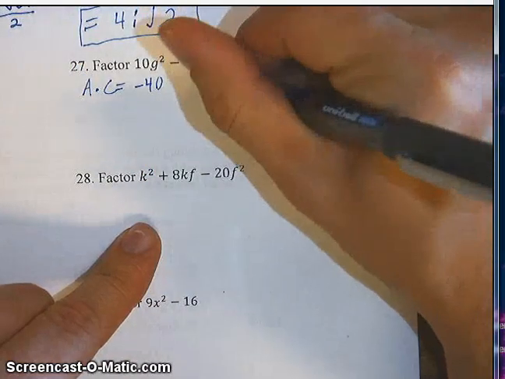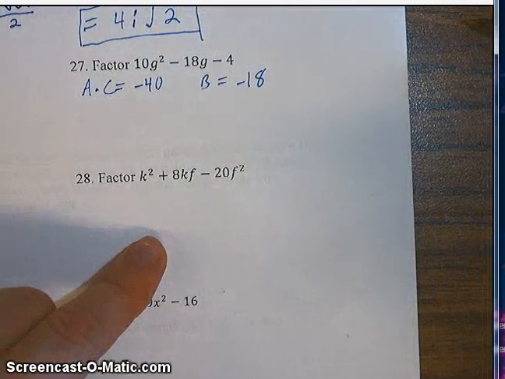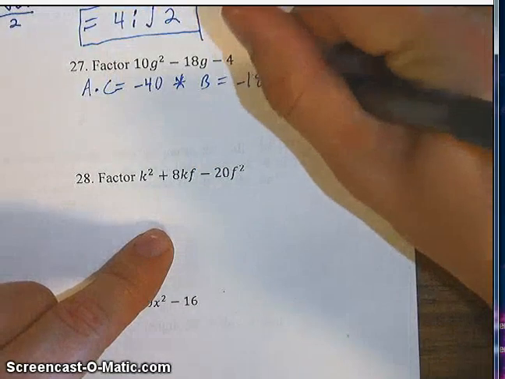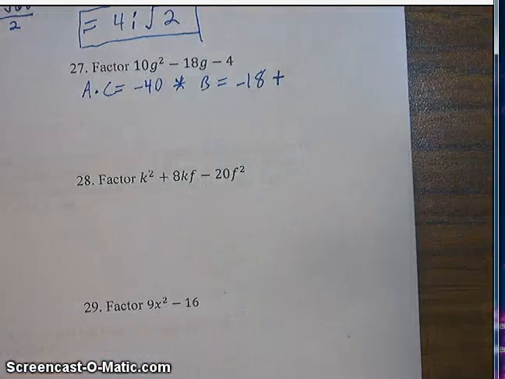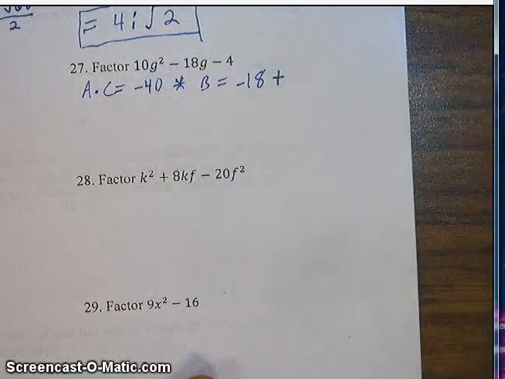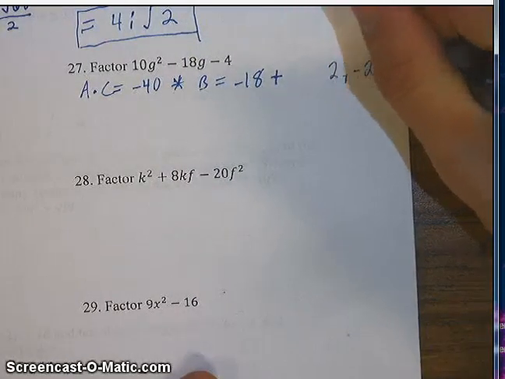And my b is negative 18. So what I'm thinking is I need to find two numbers that multiply to negative 40 but add to negative 18. Those two numbers are 2 and negative 20.